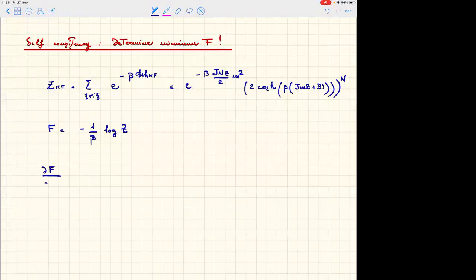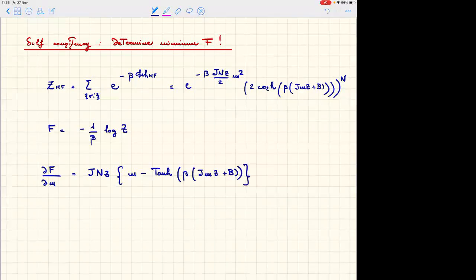So let's do the calculation, dF/dm. I invite you to do it; you have to make a couple of derivatives. You will get J N z times m minus the tangent hyperbolic of beta (J m z plus b).